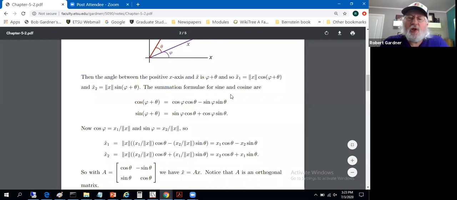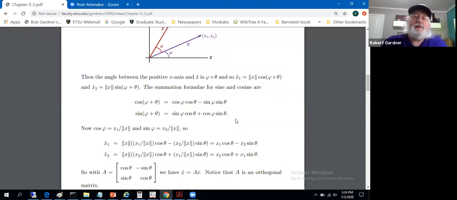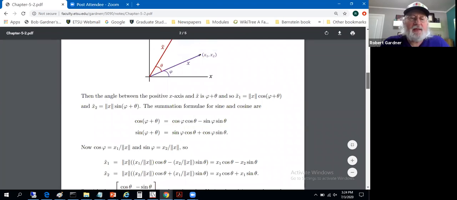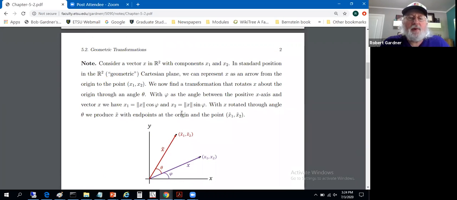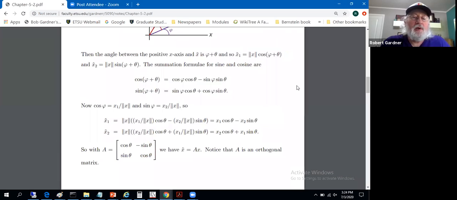The summation formulas for sine and cosine: recall cosine of phi plus theta and sine of phi plus theta are given in terms of sines and cosines of phi and theta as shown. Just for something to look at, because the summation formulas may not be on the tip of your brain. But upstairs, in the paragraph at the top, we had the cosine of phi and the sine of phi in terms of x's and x1's.